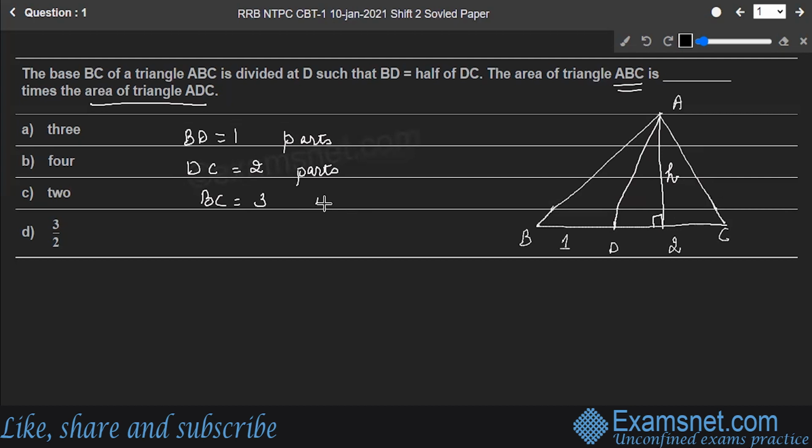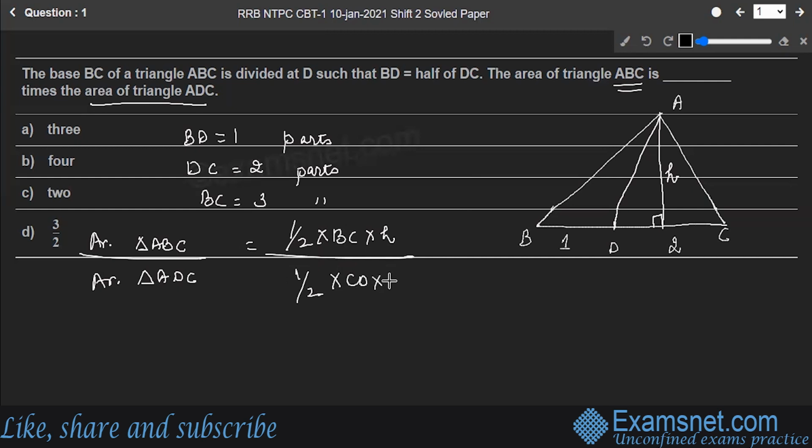Now area of triangle ABC upon area of triangle ADC. You know area is half into base into height. For ABC the base is BC and height is H, and for ADC the base is CD and height is H. The half and H will cancel, and you have BC upon CD.